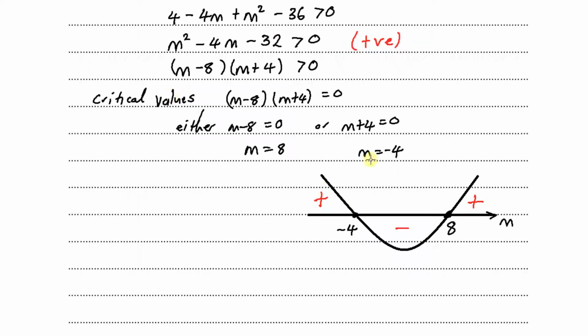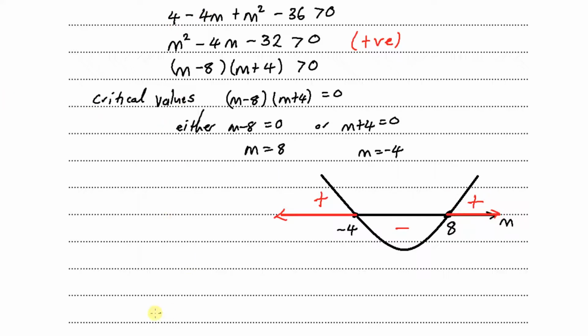So this graph here is positive for values of m that are less than minus 4. You see how they are all above the x-axis. And all values of m that are greater than 8. Again, they are above the axis, that's positive.